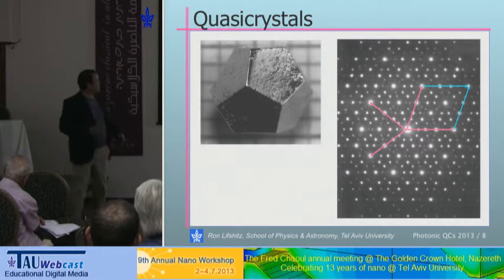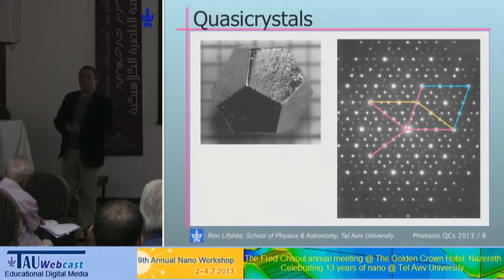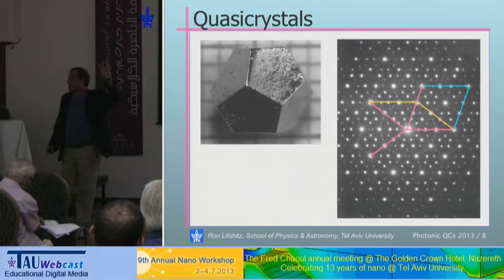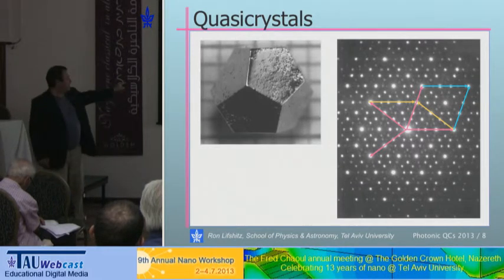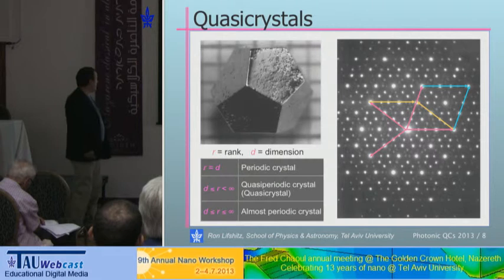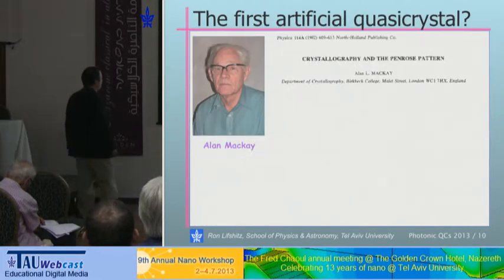All the other peaks here are just vector sums like I show here, of the 4 peaks that I chose here. So the indexing of this kind of diffraction diagram will require 4 integers for every Bragg peak, as opposed to if this were a periodic crystal in 2 dimensions, then 2 integers would suffice for every peak that I have here. And this is just some terminology. I want to skip that.